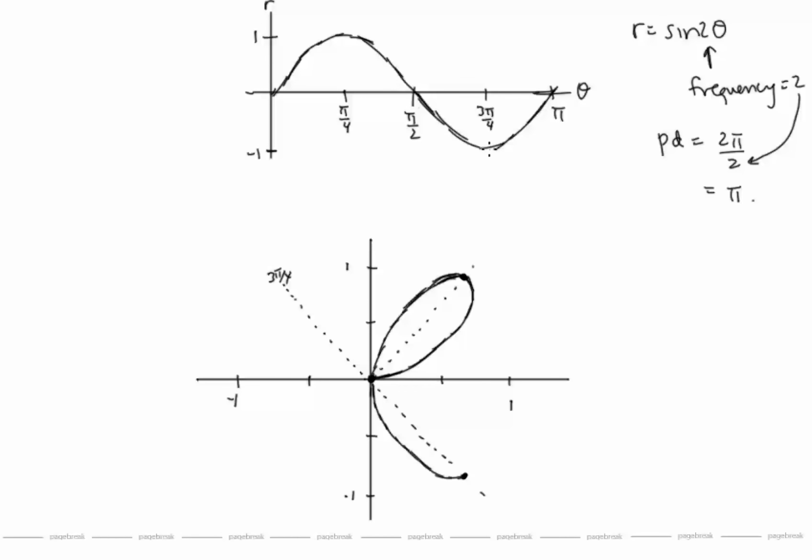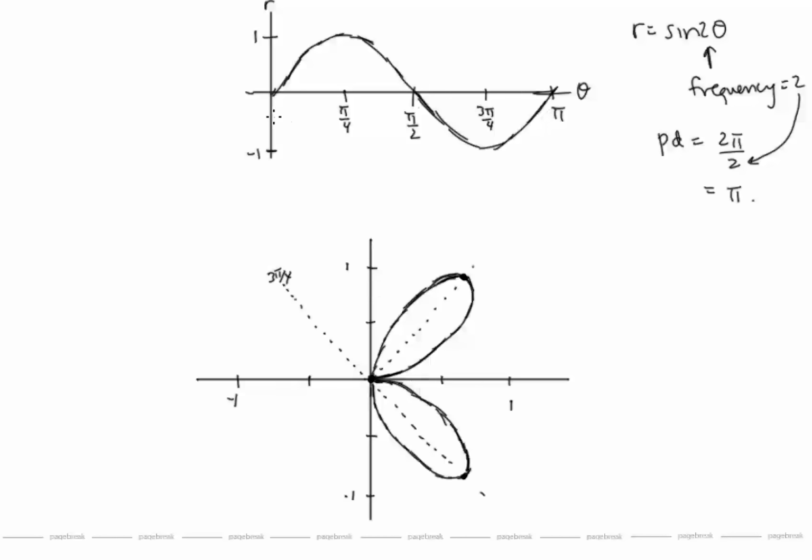And as theta increases from 3 pi over 4 to pi, the radius values are going back to 0. They're still negative and going back to 0. So now for these angle values here, we're getting these radius values going from negative 1 to 0.